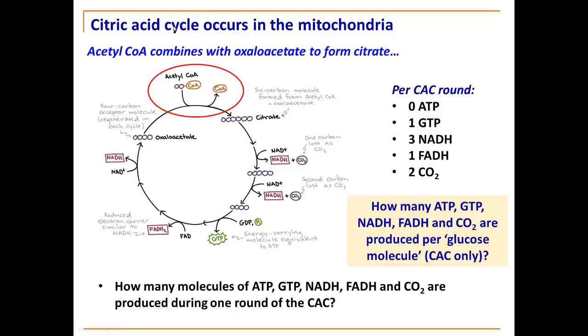This is from your glucose. Pyruvate forms your acetyl-CoA and loses a CO2. So basically, one glucose forms two acetyl-CoAs. And as we've now got two acetyl-CoAs, basically everything doubles. So no ATPs, two GTPs, 6 NADHs, 2 FADHs, and 4 CO2 molecules.